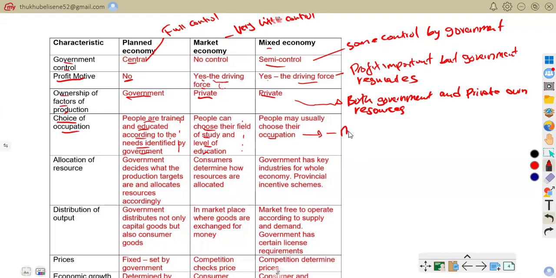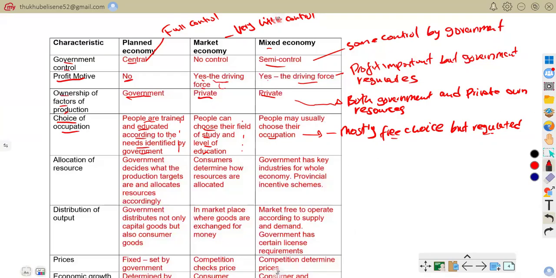Here we can say mostly free choice but regulated, because it's a mixed economy. It means the government intervenes. They have free choice, but still under the eye of the government.